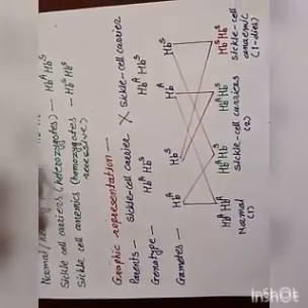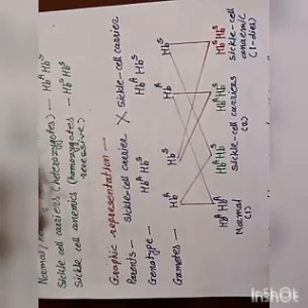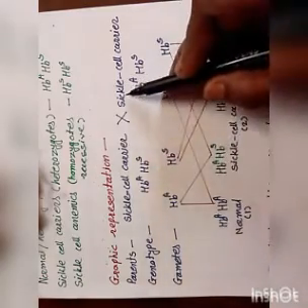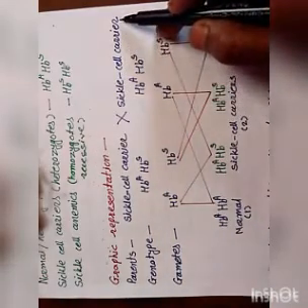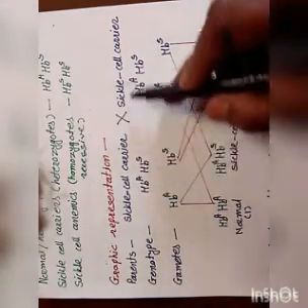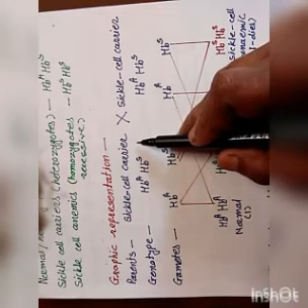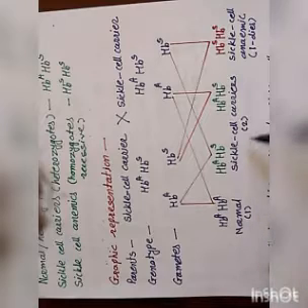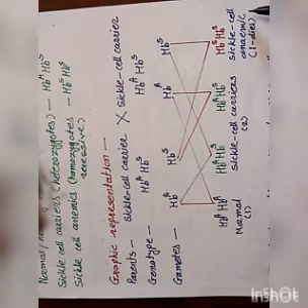When a marriage between two carriers is carried out, then what type of individuals are produced in such a cross? See here, this is the sickle cell carrier parent and this is another sickle cell carrier parent. When these two parents marry each other, then there is a possibility of such types of offspring developing.